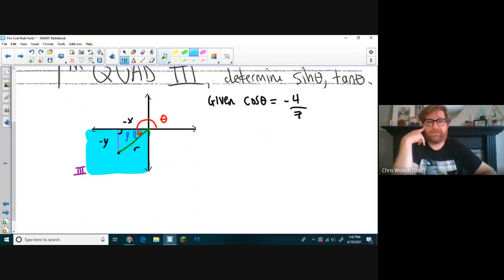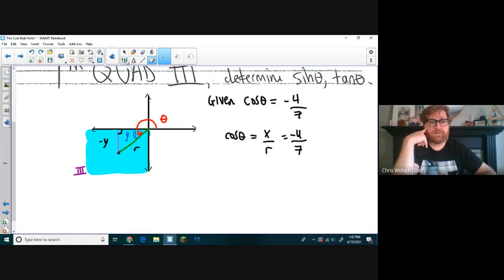So again, all you have to remember here is that the ratio for cos is x/r, right? So that means that the x here has to be negative because the bottom part of the ratio is the radius, which is never negative, okay? So -4/7. So that means that this value here, I can erase the unknown and say, okay, this is going to be -4.